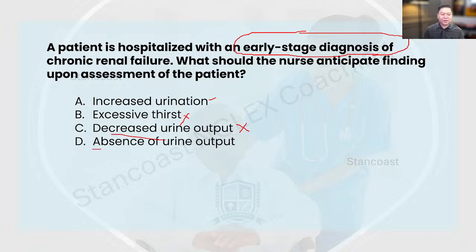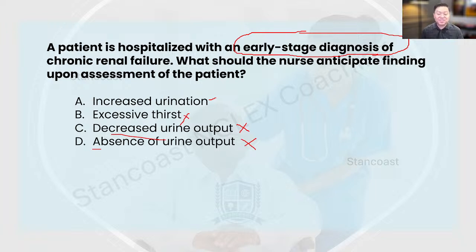Absence of urinary output. That is anuria. This is something that can happen in those patients, especially towards end stage renal disease. At this point in the early stage, we are not going to expect anuria. So we are going to eliminate that one as well.